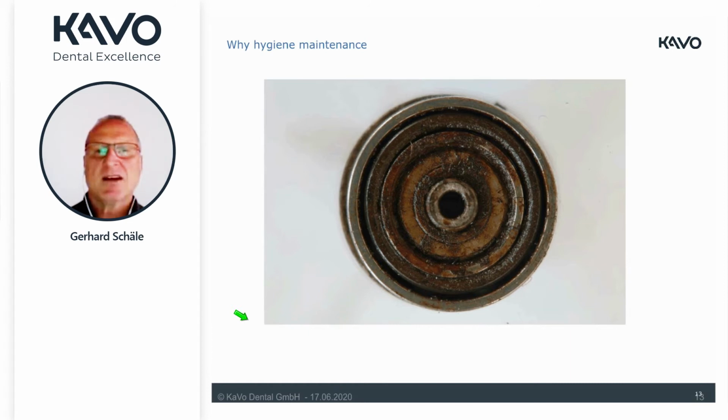These are particles from a gear of a red ring instrument, how it looks after a while if the maintenance is not done the correct way. You can see clearly some corrosion. We also have some blood particles. These are also particles from the tooth, like enamel, and they will stay in the instrument if they are not pushed out by the maintenance process.